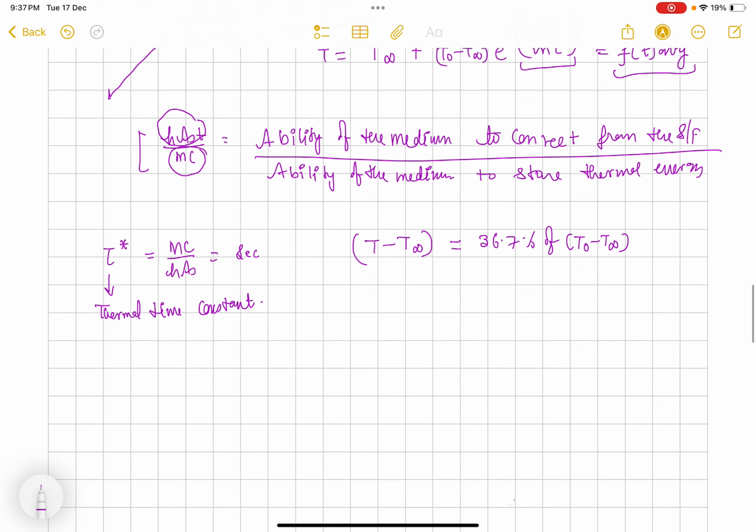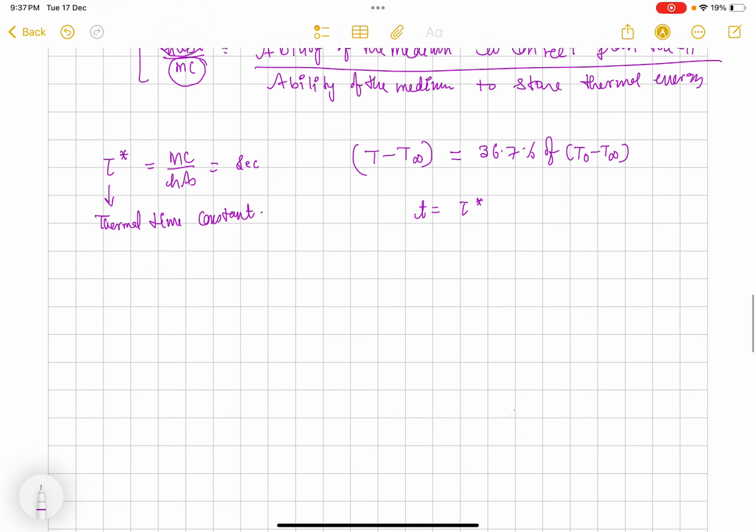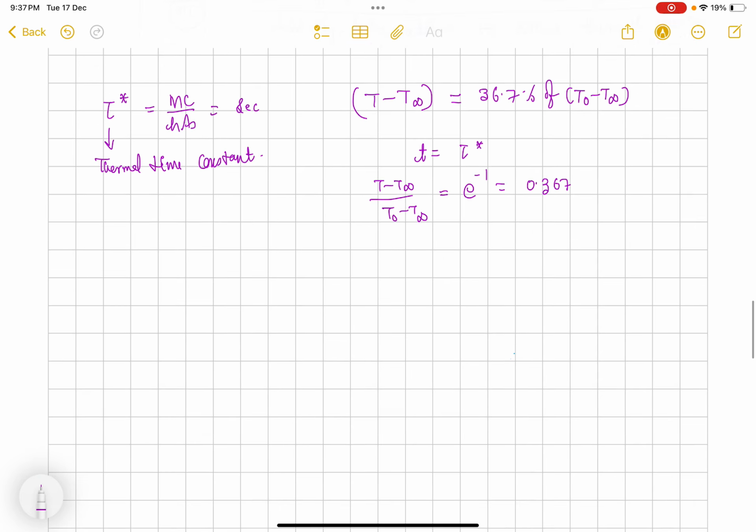It means if you put the small t as t star, we will get this ratio as e power minus 1, which is nothing but 0.367. All right.